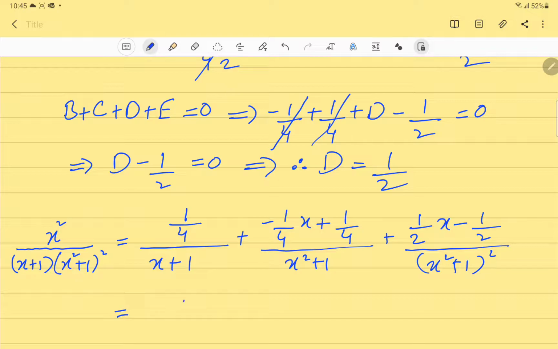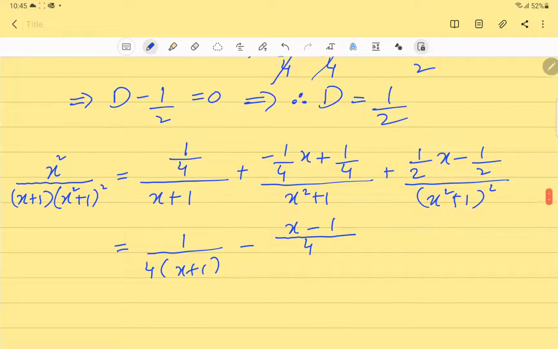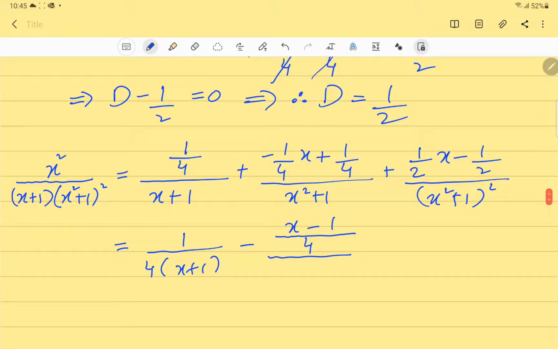Let's further simplify it. 1 over 4 into x plus 1. Here we will take minus common, so we will be left with x minus 1 over x squared plus 1.